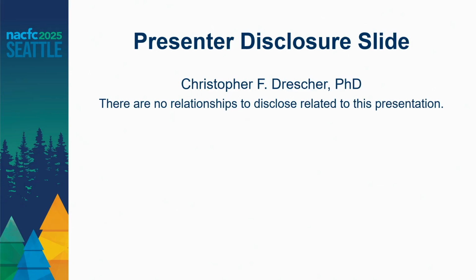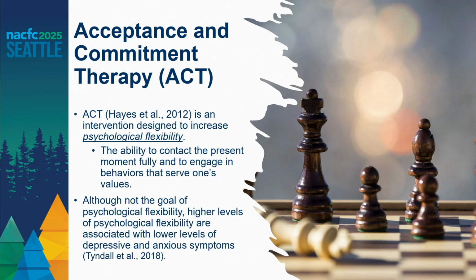I don't have any disclosures right now. So let me just start by talking a little bit about what ACT is. ACT was developed by Stephen Hayes and colleagues, and really the goal of this intervention is to increase psychological flexibility. That's a little bit different than most interventions and traditional CBT, where the goal is really symptom reduction.